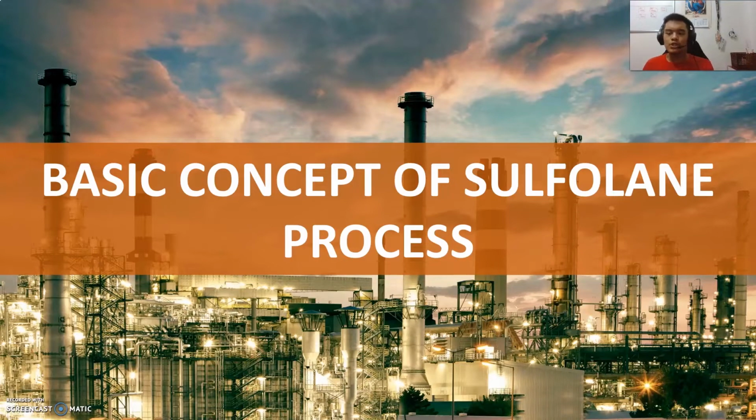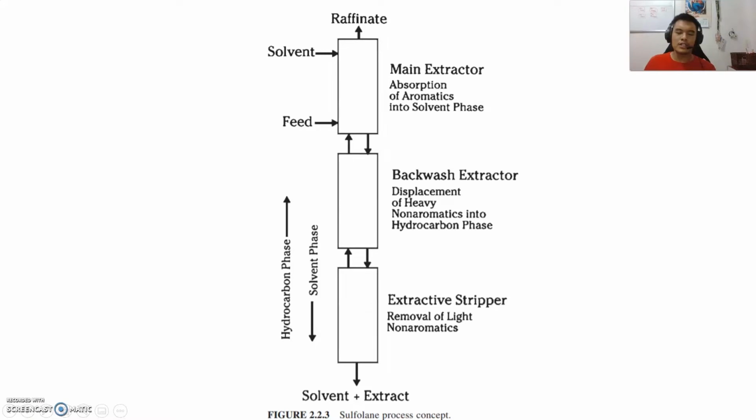So in order to understand the sulfolane process, we must first understand its basic concept or theory. The sulfolane process follows this simple diagram, and it may look intimidating at first, but it's just telling a story of how the feed turns into the final product.